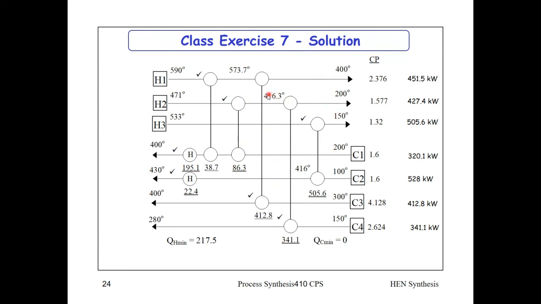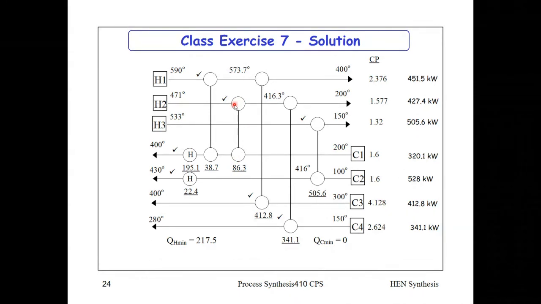But now this one has already been heated to 416, so we can match it with the 200 quite easily, even if we had the wrong CP match. But in fact, the CP match is still fine over here, no problem. So we can use kilowatts that sorts out the H2 thing.